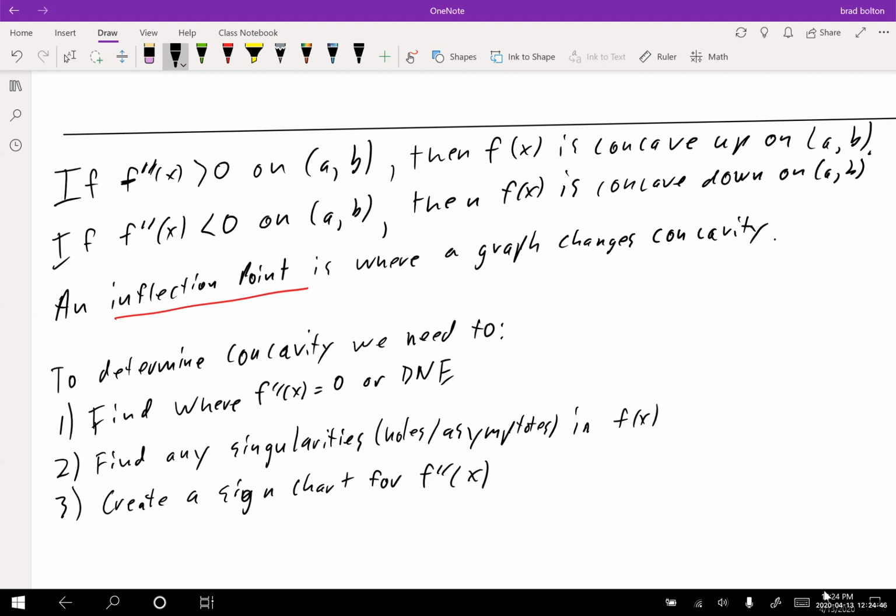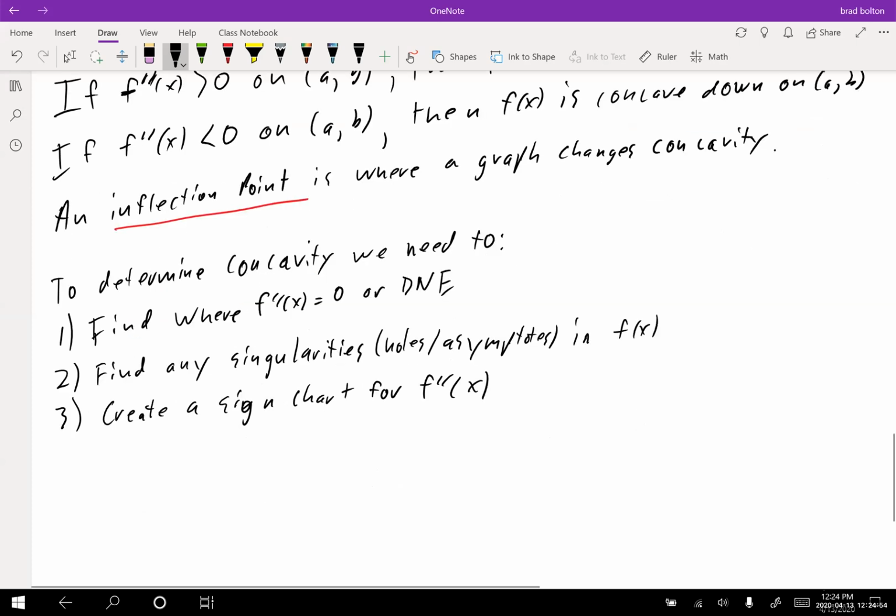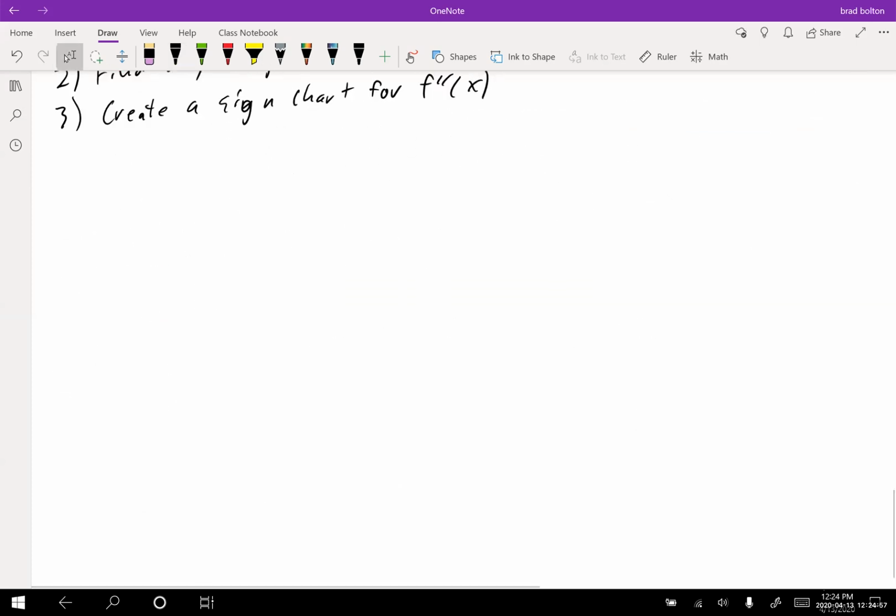So we're basically going to do a test with our sign chart and determine where f double prime or the second derivative will be positive or negative. Okay, so let's take a look at that using this process. Okay, so the problem I'd like to look at is, let's see here, let's look at this one.